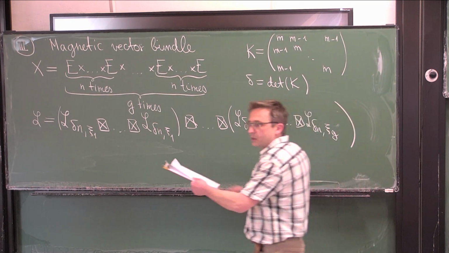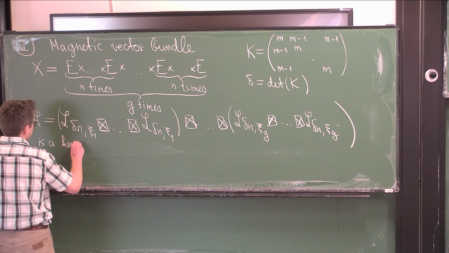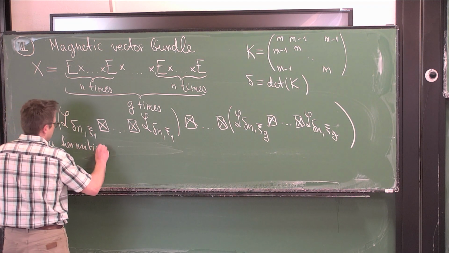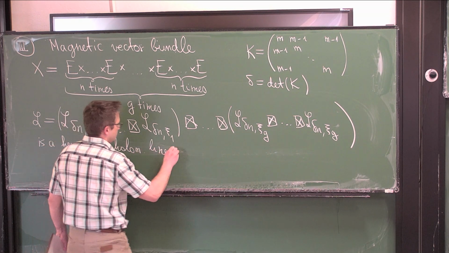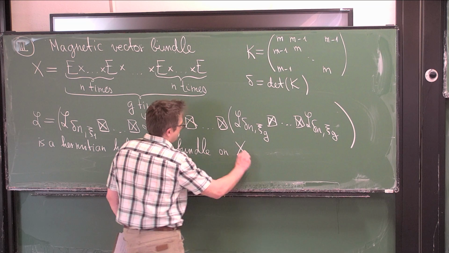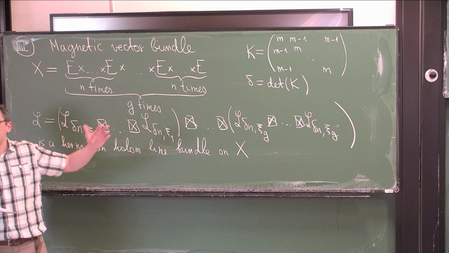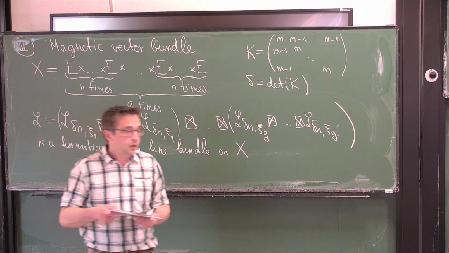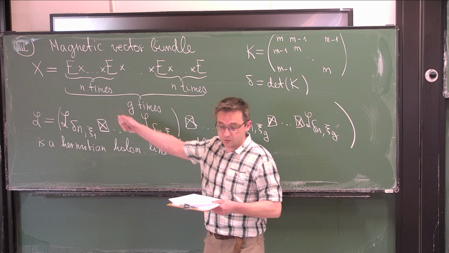Of course it is a Hermitian holomorphic line bundle on X, which also has a Bochner Laplacian, and this Laplacian describes nG particles without interactions.